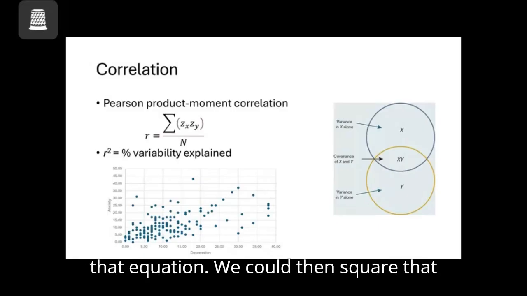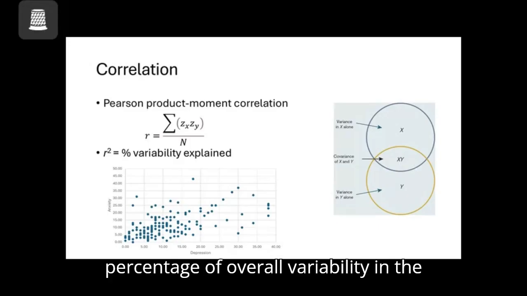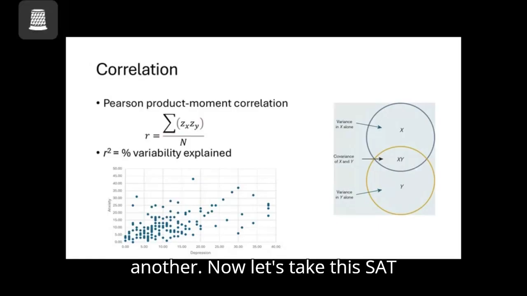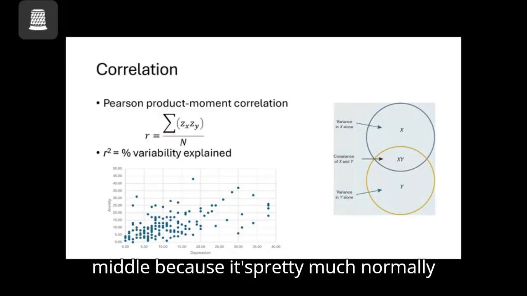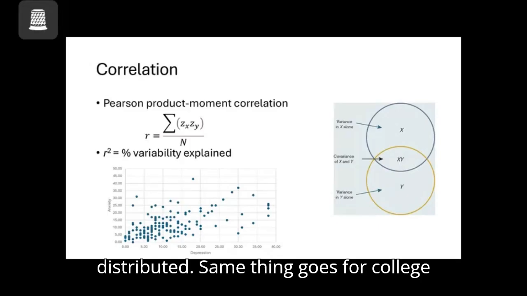We could then square that number to get R squared, or the percentage of overall variability in the two scores that is explained by one another. Now let's take this SAT GPA example. We have variability in SAT scores. Some people score high, some people score low, but most people are kind of in the middle because it's pretty much normally distributed. Same thing goes for college GPA.